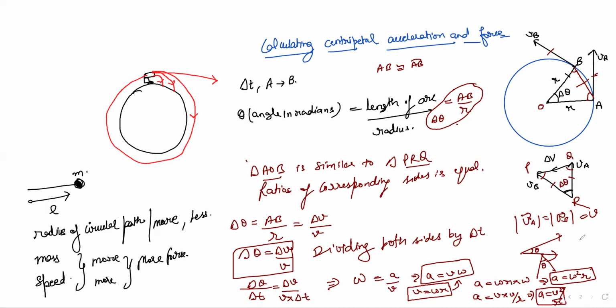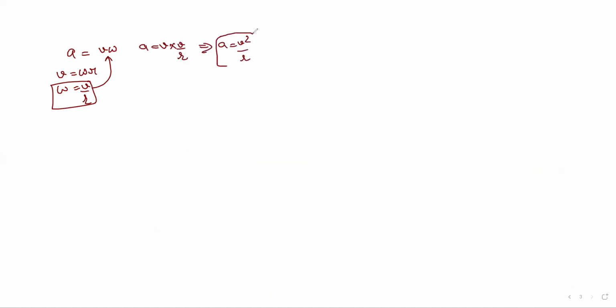Is it fine? Sir, the second one I understand. See, we have this relation A is equal to V times omega, and we have V is equal to omega R. Can we write omega as V upon R? If you substitute here, what will you get? A is equal to V times V upon R, so we will get A is equal to V square upon R, right?